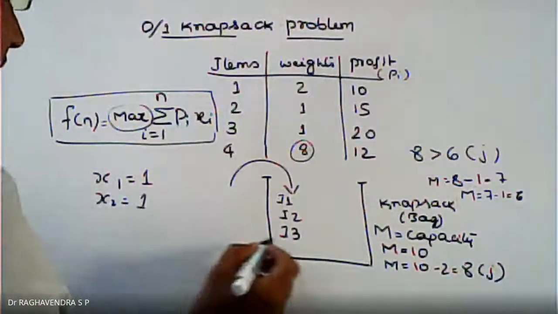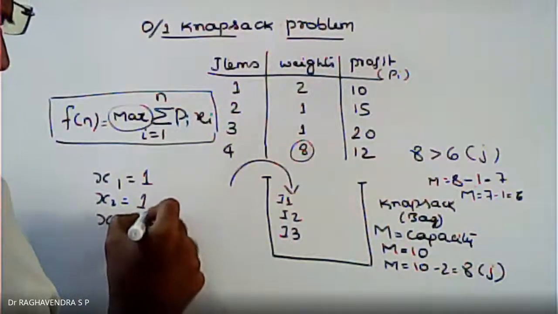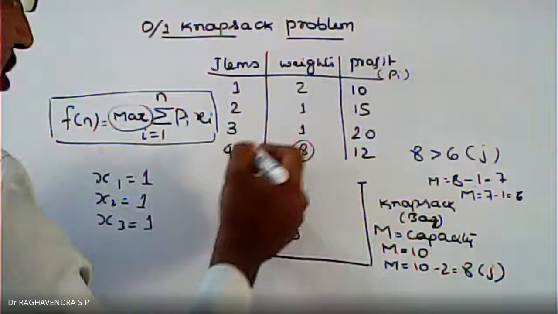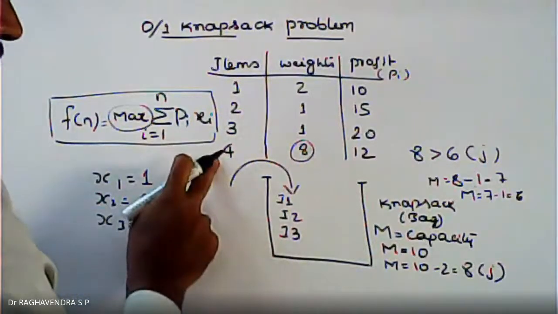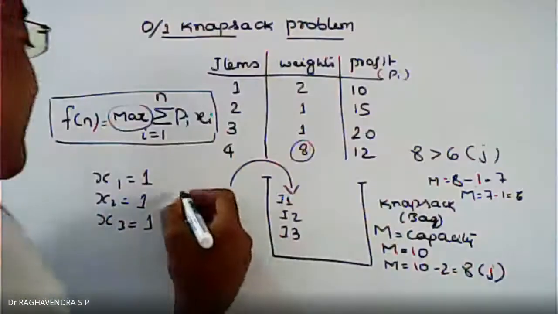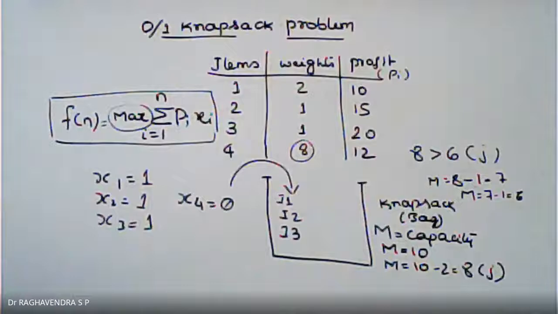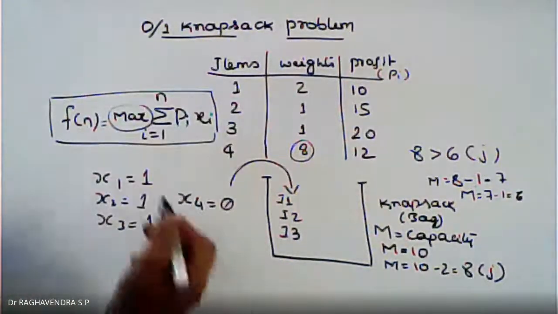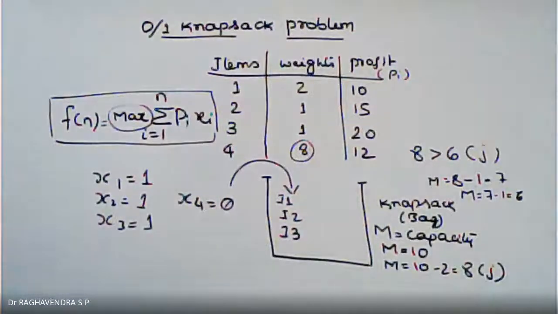Similarly, if I have inserted item 3, x3 equals 1. Now what about item 4? Has item 4 been inserted into the knapsack? No. So x4 equals 0. So this x represents whether the item is inserted or not. If it is inserted, it becomes 1. If it is not inserted, it becomes 0.